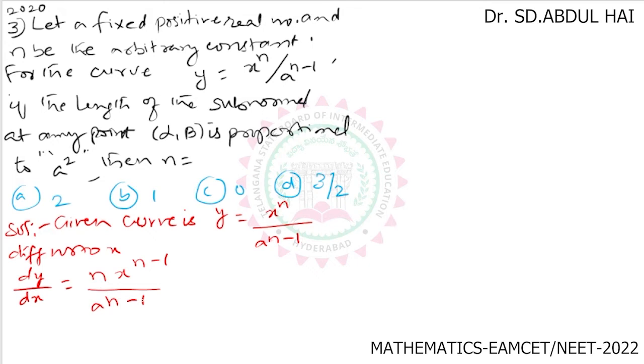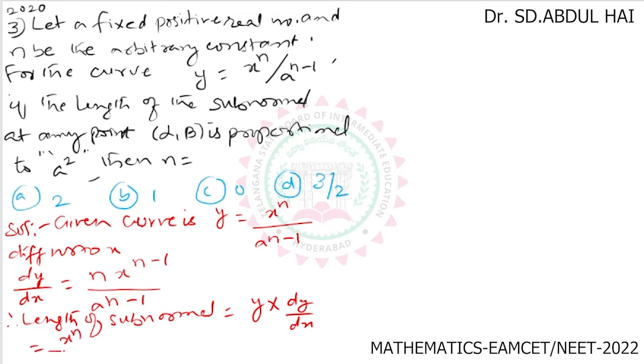Therefore, the length of the subnormal is nothing but, you know, the formula y into dy by dx, or y into m. What is y? y is x power of n whole divided by a power of n minus 1, into dy by dx.